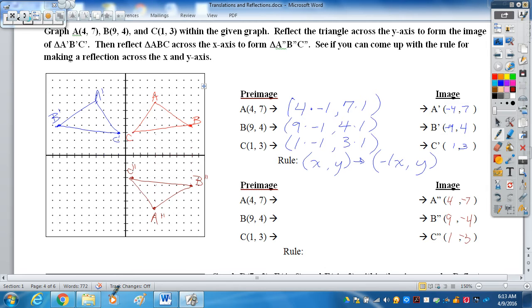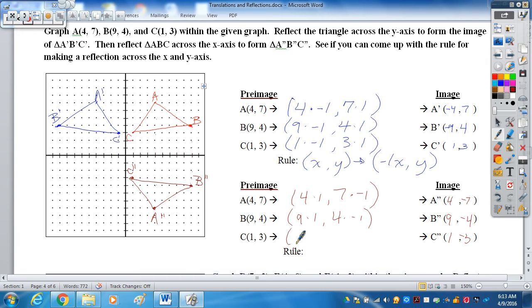Okay? And so some of you may have already filled in the rule down there, but what we're looking at here is the x value staying the same, and then the y value is the one that's flipping signs. The x value is staying the same. The y value is changing signs. All right?